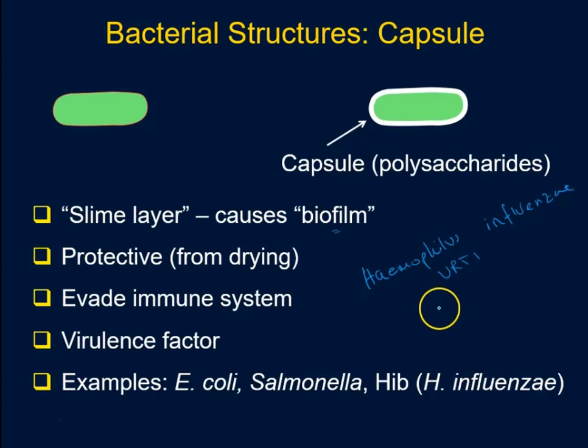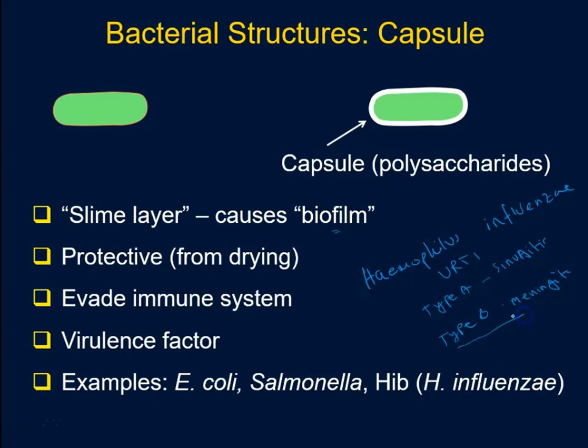Now, Haemophilus influenzae can be divided into two types. There's type A and then type B. Type A actually causes milder infections such as sinusitis, which I've already talked about. Type B is more virulent, causes meningitis, which is of course serious.